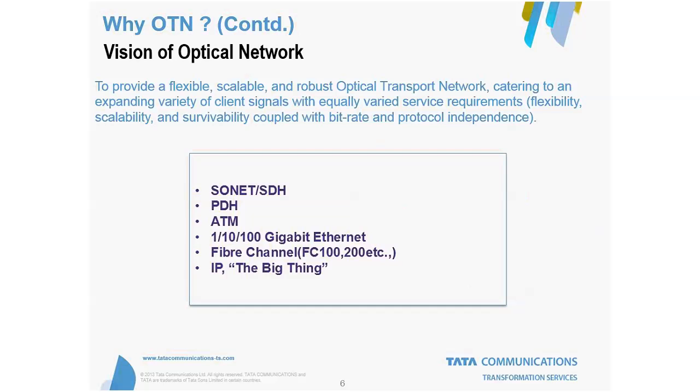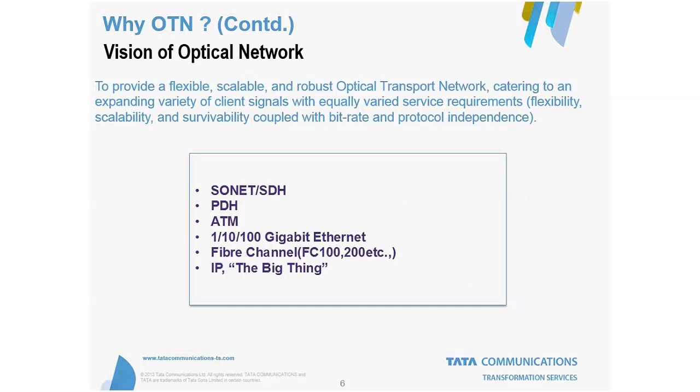When people went into DWDM, there were a few challenges in managing this optical network. Managing an optical network is very essential, because the network needs protection and FCAPS operations: fault, configuration, administration, protection, provisioning, and security. So people thought that they would develop an optical network which can provide all these facilities of FCAPS, so that it can be operated and maintained better.